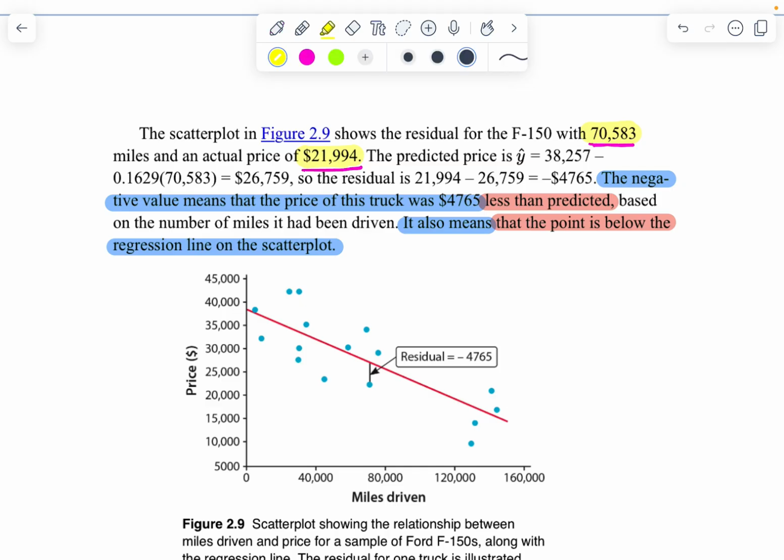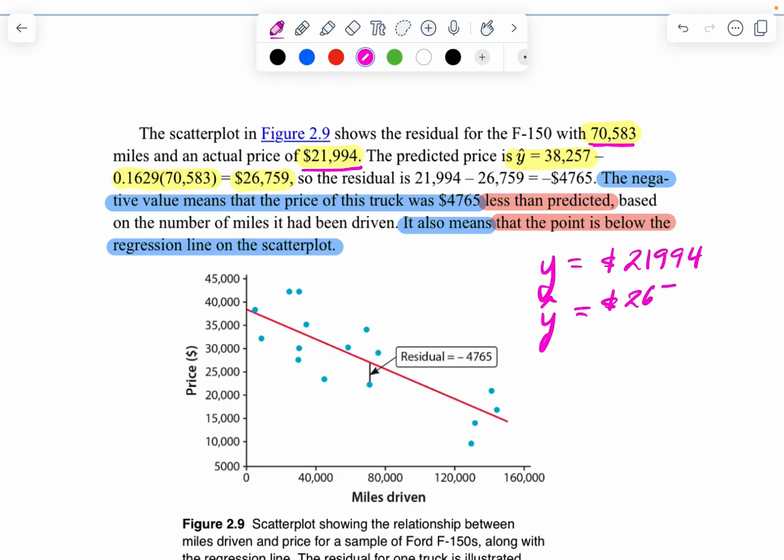Our equation, the least squares regression line, if we plug in 70,583 miles, gives a predicted sale price of $26,759. So the symbol Y represents the actual: in reality, this truck sold for $21,994. Y hat is the predicted Y value: the equation predicted it would sell for $26,759. So it actually sold for less than what we would have predicted.